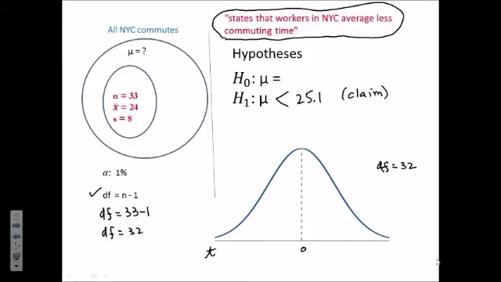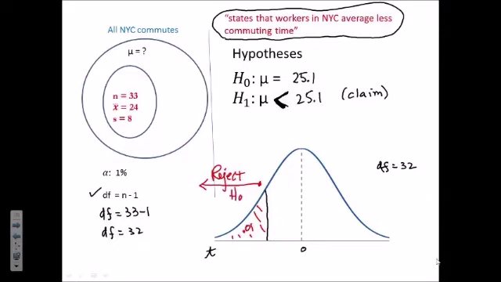And then the same number, 25.1, has to go in H0. Because this arrow, if you want to think of it as an arrow, less than sign, is pointing to the left, we're going to have a left tail test. That means the area of this left tail is going to be alpha, or 1%. And this is where we're going to reject H0.